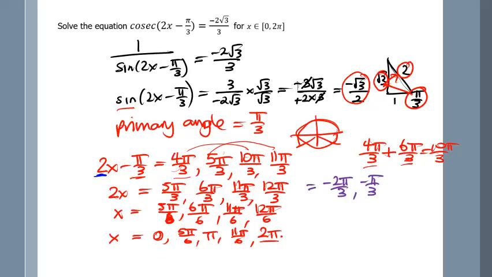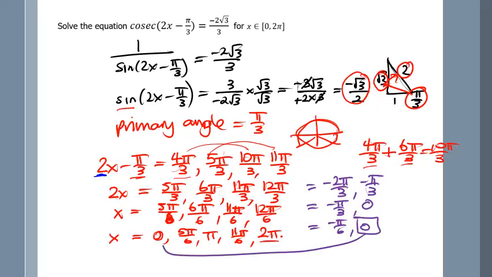So if I add pi on 3 to both of those, I get negative pi on 3 when I add pi on 3 to the first. If I add pi on 3 to this solution, I get 0. And then if I divide them both by 2, I end up with negative pi on 6 and 0. So that's where 0 comes in as a solution down here.